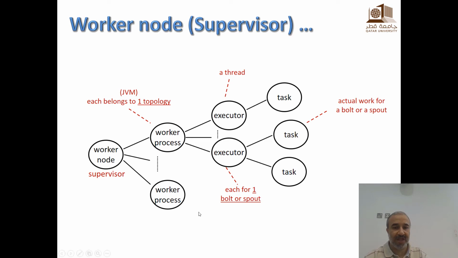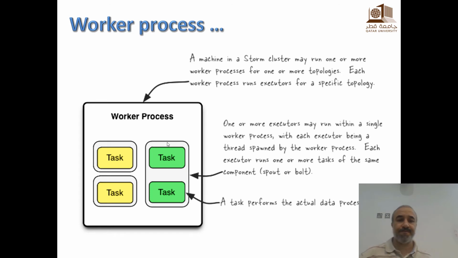So if that executor has multiple tasks, all of them belong to the same bolt or spout. Okay? All of these executors belong to the same topology. Okay? Because they belong to the same worker process.